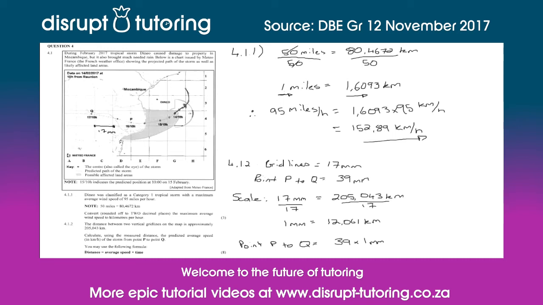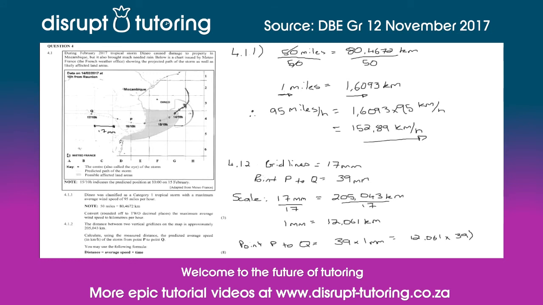So that means that 39 millimeters will also equal this 12,061, also multiplied by the 39 millimeters.